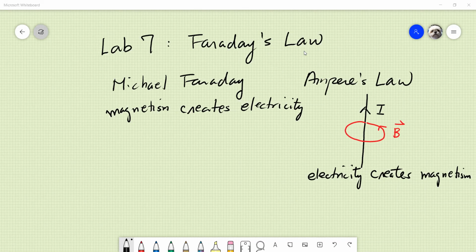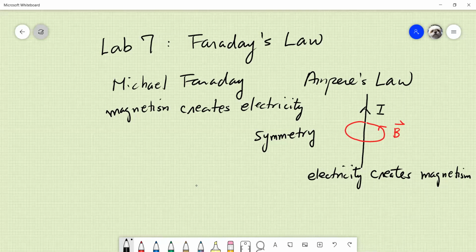All right, then. In other words, if you think about it in a deep way, it's all about symmetry. If electricity can create magnetism, can it be reversed? Can magnetism create electricity? So Faraday had this idea.